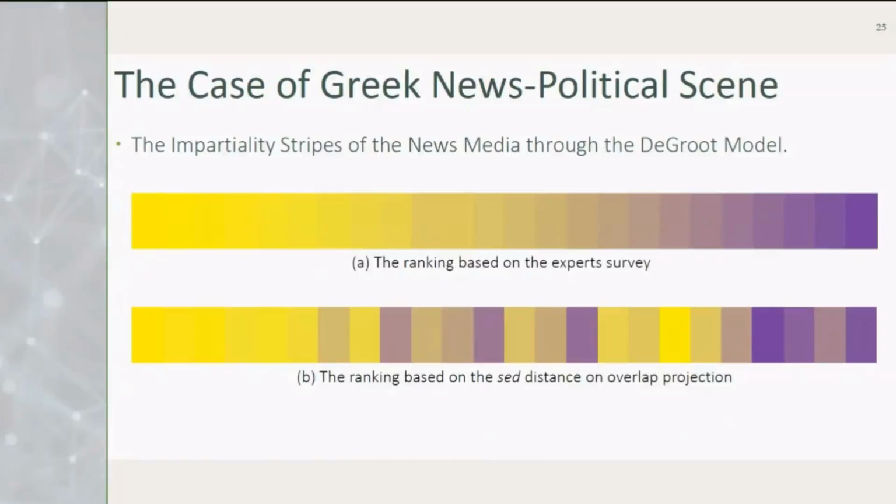The most yellowish part is the most impartial media according to both the political scientists and to our findings. You can see that our method provided solid evidence that our technique is solid. We can extract political information, and we can successfully approach such difficult problems, such as approaching news media impartiality in a real-life political scene.